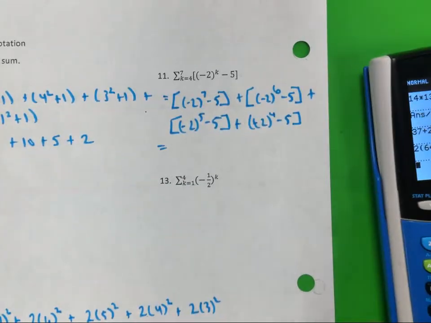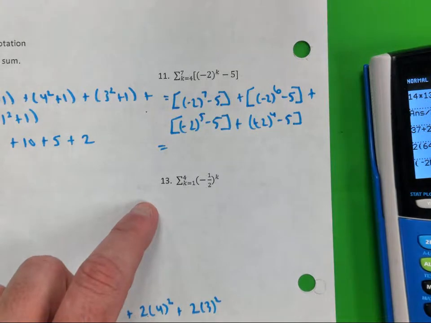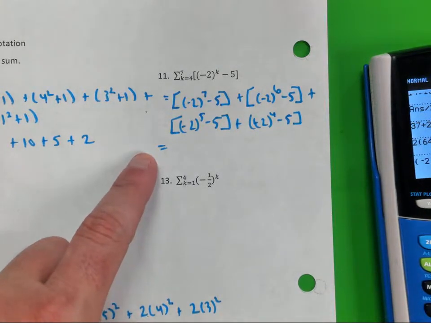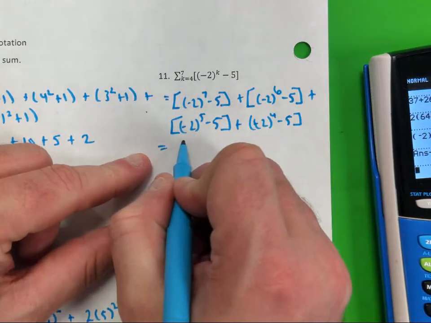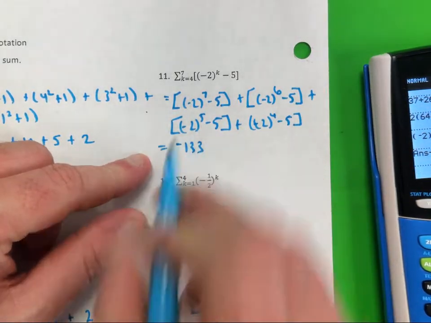And you got to find the answer to each one of those. So that bracket gives me negative 133.